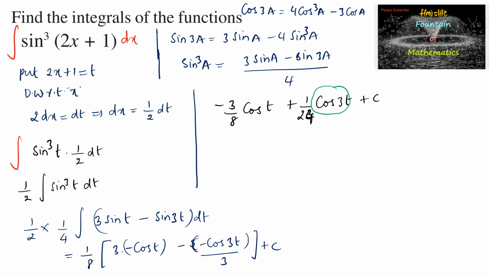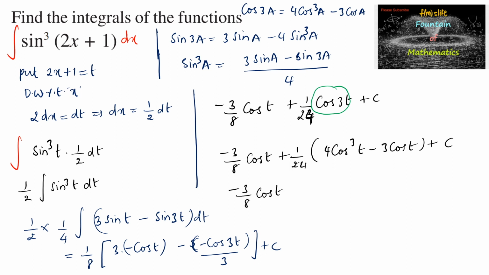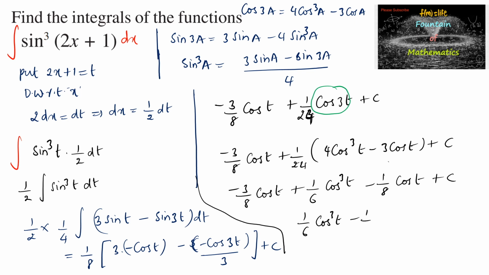So we can write minus 3 by 8 cos t plus 1 by 24 times (4 cos cube t minus 3 cos t) plus integral constant, or minus 3 by 8 cos t plus 4 upon 24 is 1 by 6 times cos power 3 t minus 3 upon 24 is 1 by 8 cos t plus c, or minus 3 by 8 minus 1 by 8, minus 4 by 8, that is minus 1 by 2, or 1 by 6 cos power 3 t minus 1 by 2 cos t plus c.